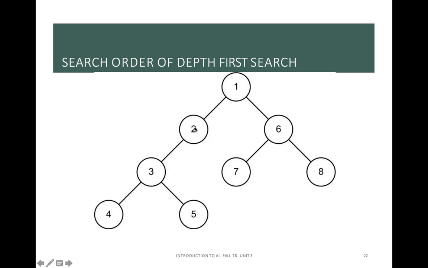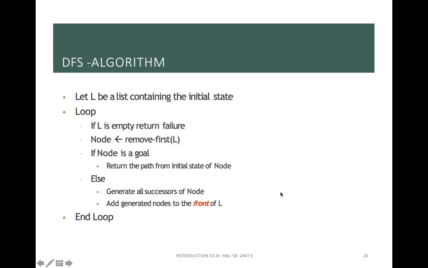So we'll explore this all the way till the end, then the other branch till the end. Once we have traversed the depth of this branch totally, that is when we move towards the other side and traverse till the end.